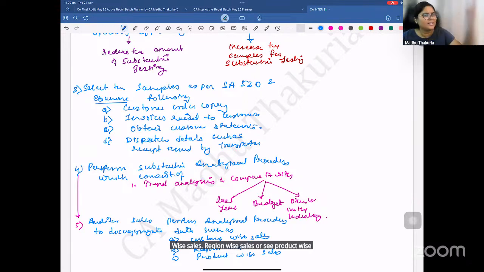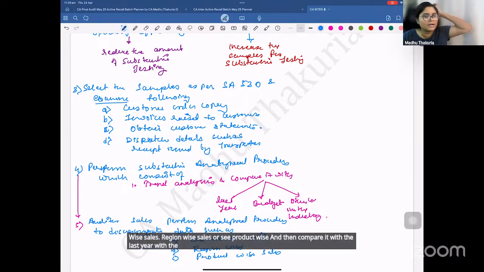And then compare it with last year, with the budgets, or with other companies in the industry wherever it is relevant.